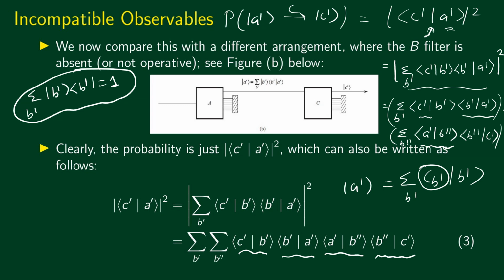So ket A prime is actually, you can write it in this form quantum mechanically. All right. And the interpretation is that ket A prime consists of so many ket B primes. Only difference with the first arrangement is that I'm not making a measurement in between, right? And in that case, the expression for probability is this, right?